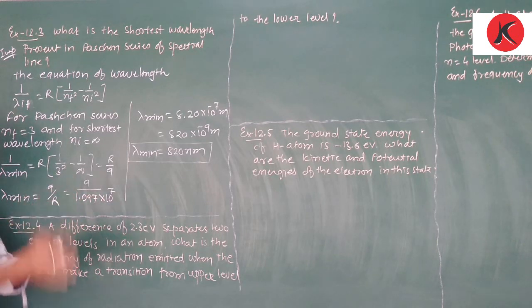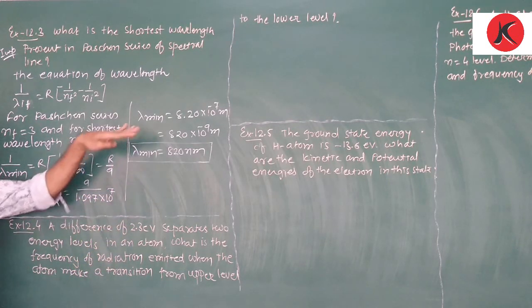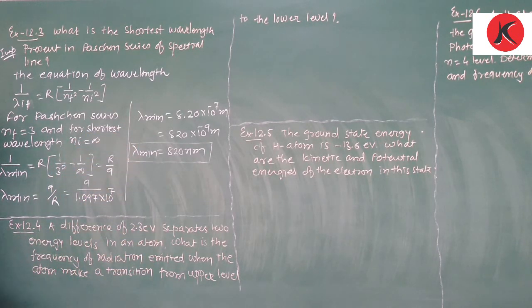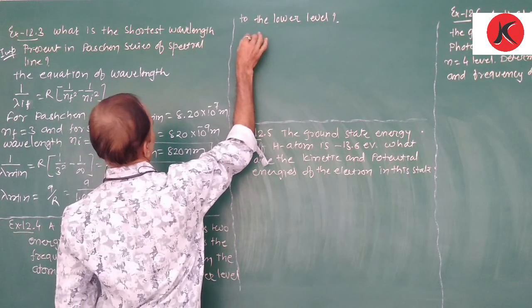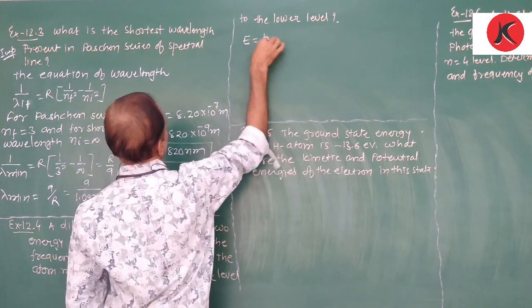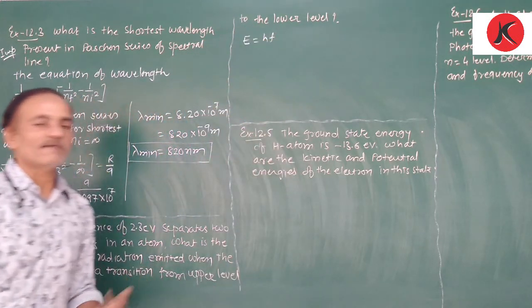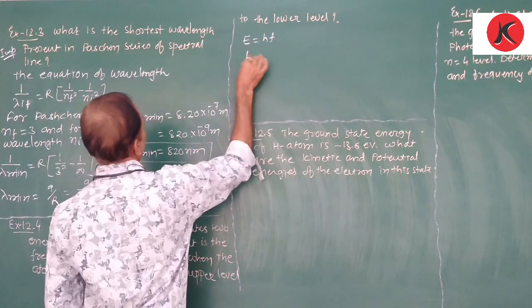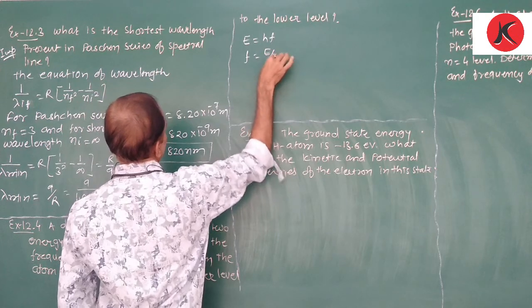When the electron makes the transition from the higher energy state to the lower energy state, what is the frequency of the radiation? We know that E is equal to hf. Energy difference is equal to hf. Therefore, frequency is equal to E upon h.